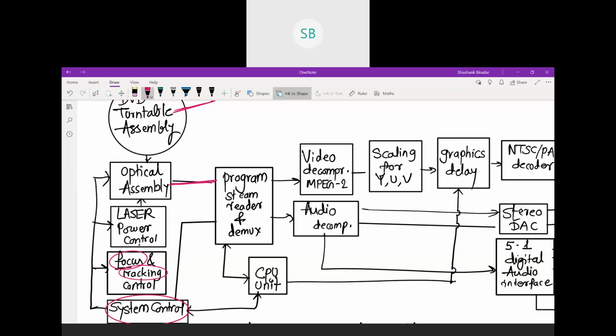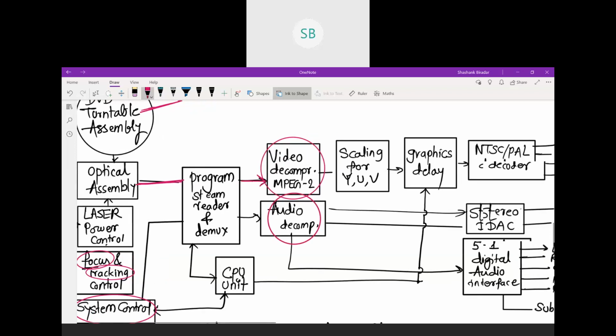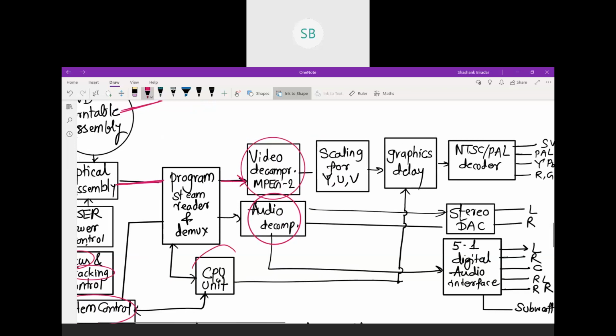That is the most obvious thing. So you need to demux the video and audio signals, the exact opposite operation of the recording system, separating out the video and audio, and this is controlled through the CPU unit.